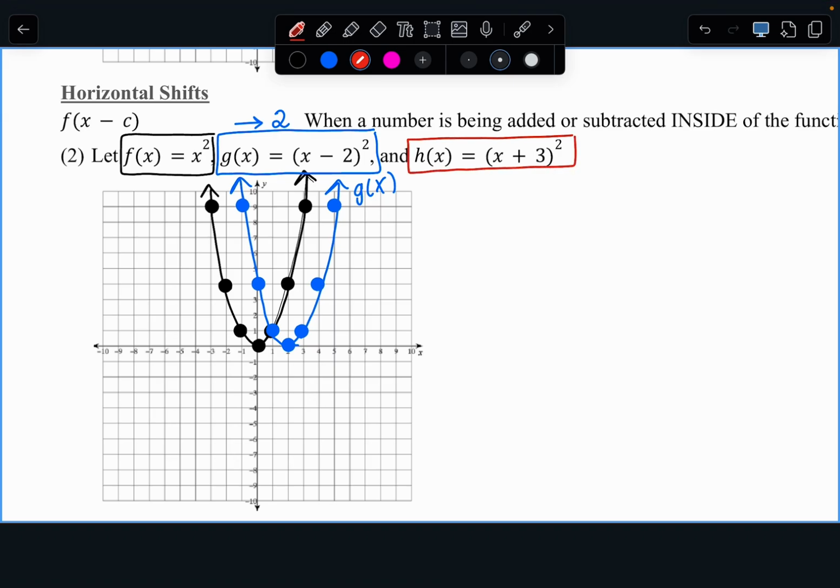So what do you think h of x is doing? Yep, left 3.